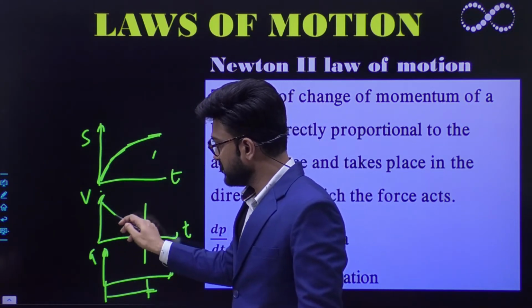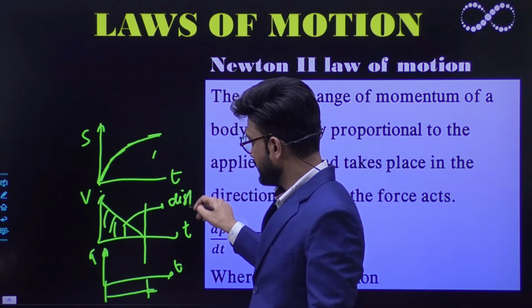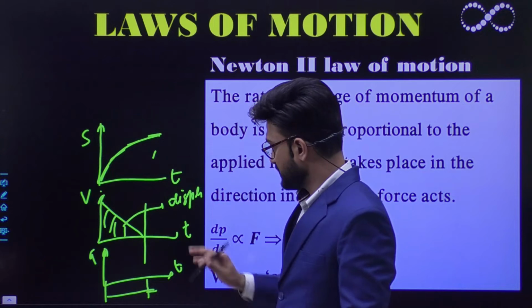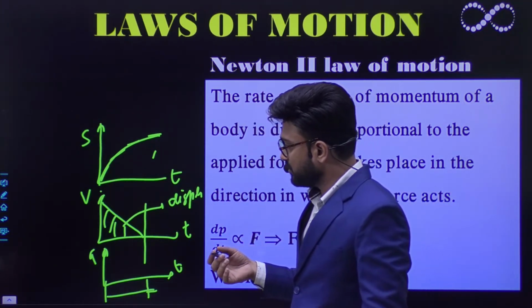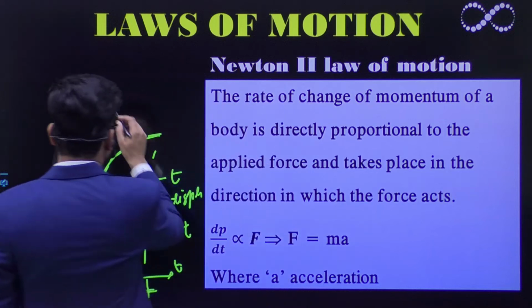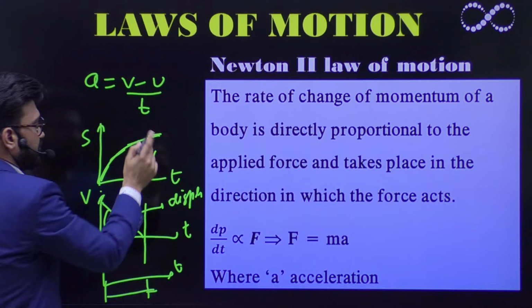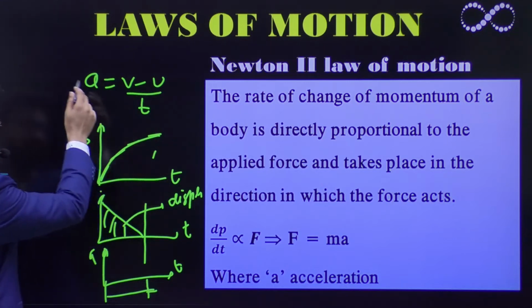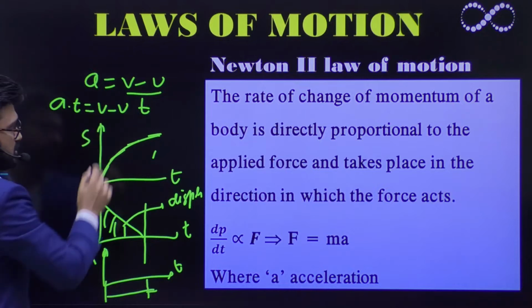And area under this velocity time graph also gives displacement. Okay, that you should also remember. Also using all these equations, we know the equation acceleration is v minus u by t, using first equation of motion. So if I multiply a over t, it must be equal to v minus u.